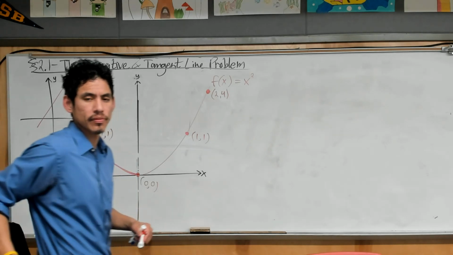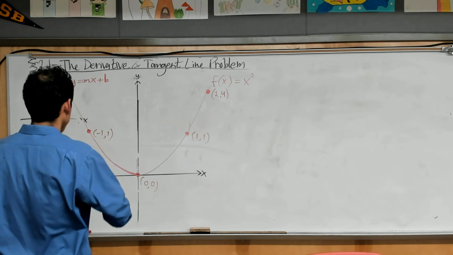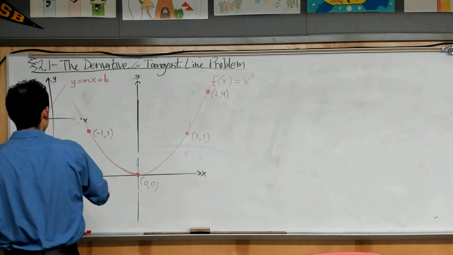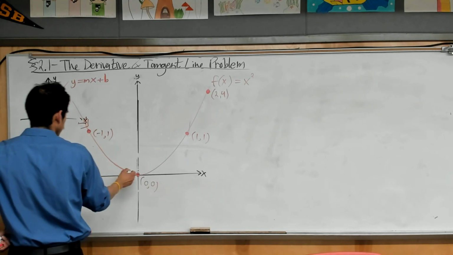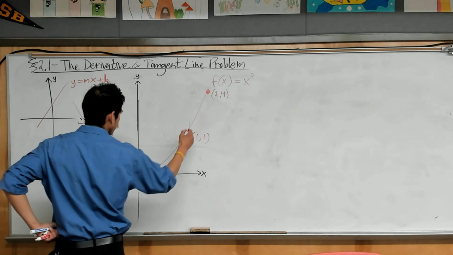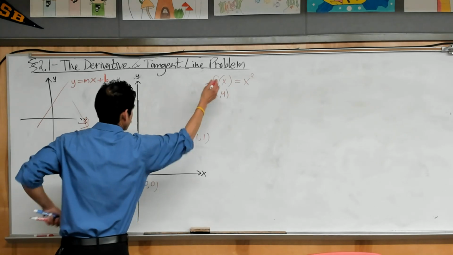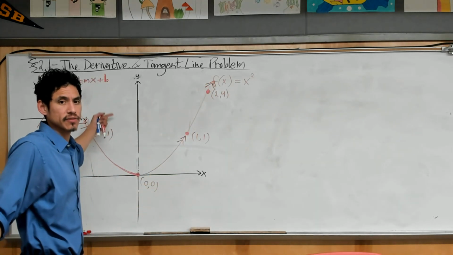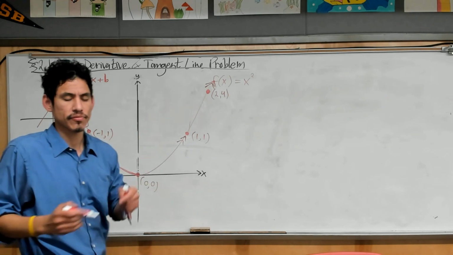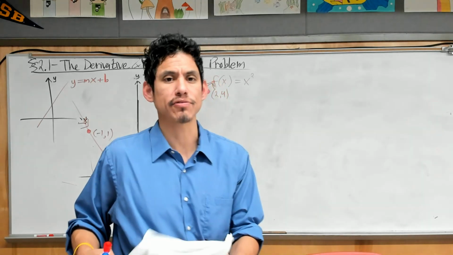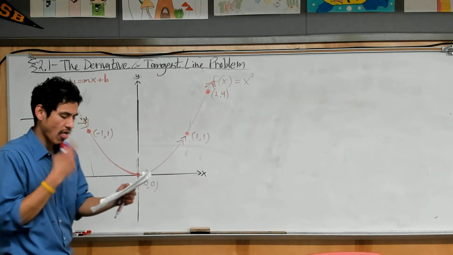We can see the graph is decreasing here. It's going downward. Then it gets flat, sideways. Then it goes up, and goes up even more, steeper. So the steepness changes. The rate of change of this parabola changes. So it becomes more complicated to describe the slope because the slope is not constant.